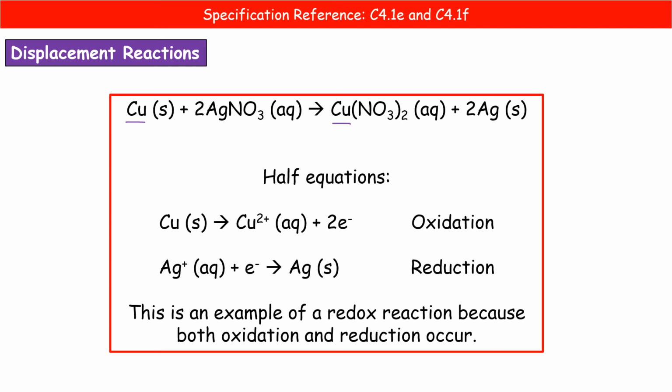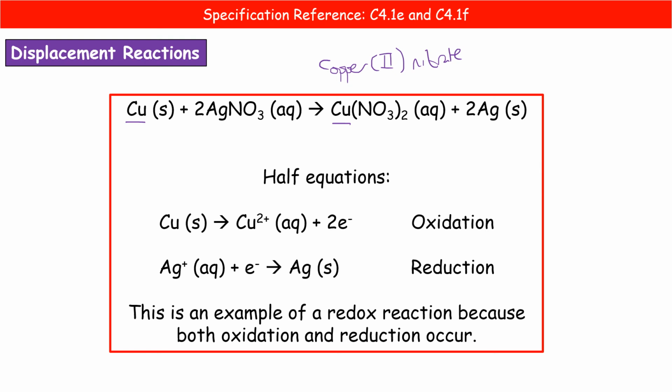Now, what we do need to bear in mind are some charges, okay? In the question, they will tell you a little bit more. Obviously, I've not given you the full written question here, but they would tell you that we've got something along the lines of copper(II) nitrate being formed.